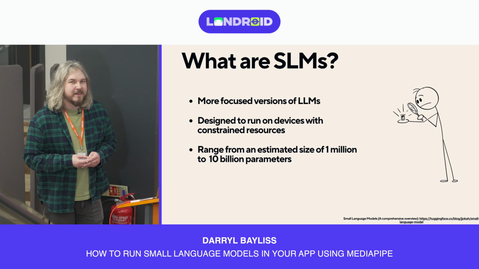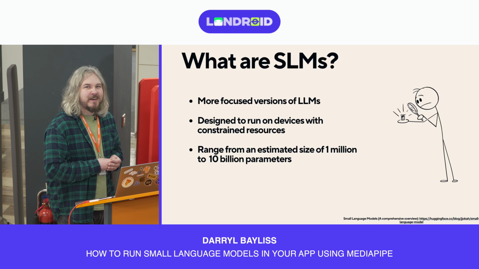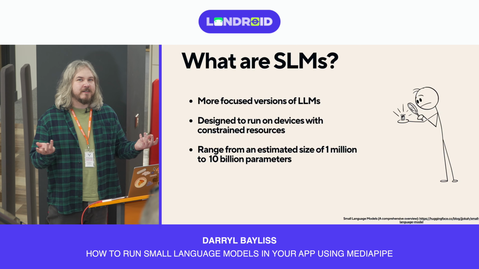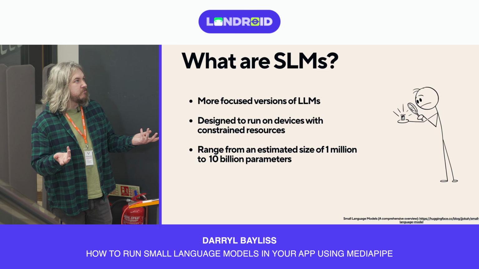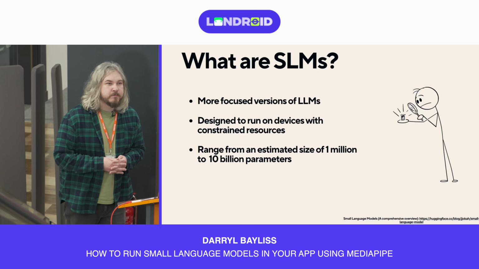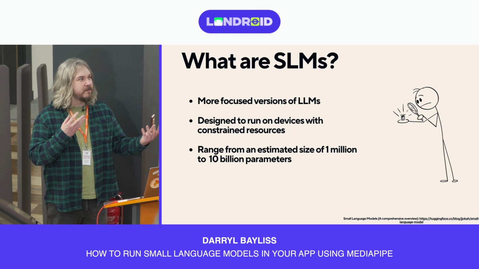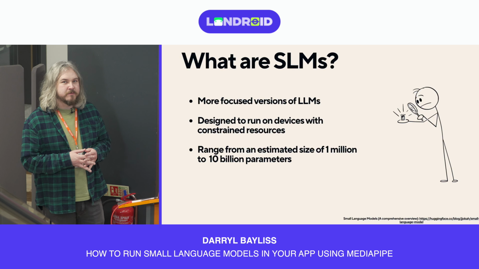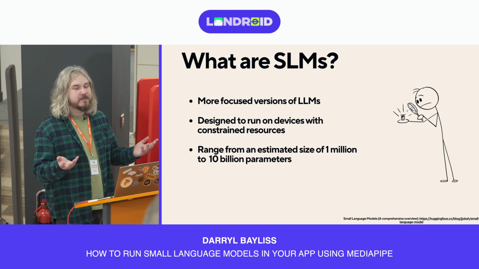You're not going to be getting really super accurate answers, but sometimes you don't need that accuracy. Sometimes, especially if you're doing experimental work, you're working with artwork, or maybe you're just working with a few variables within your use case, SLMs are really good to fill that niche.